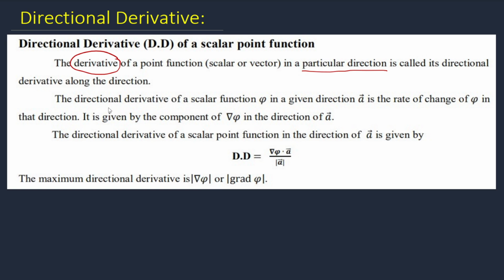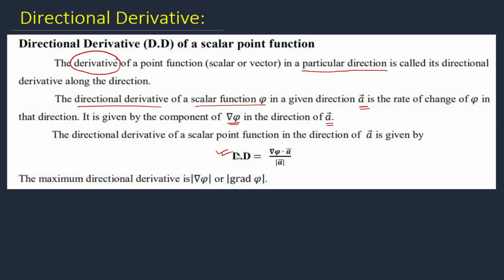Now let's see the formula. The directional derivative of a scalar function phi in a given direction a bar is the rate of change of phi in that direction. It is given by the component of grad phi in the direction of a bar.